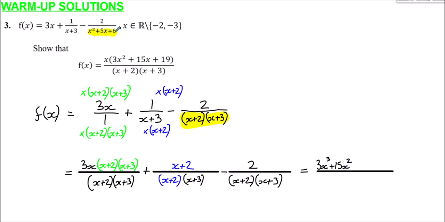And the constant term 6 multiplied by 3x gives 18x. I've got the plus x plus 2. Then just minus that 2.